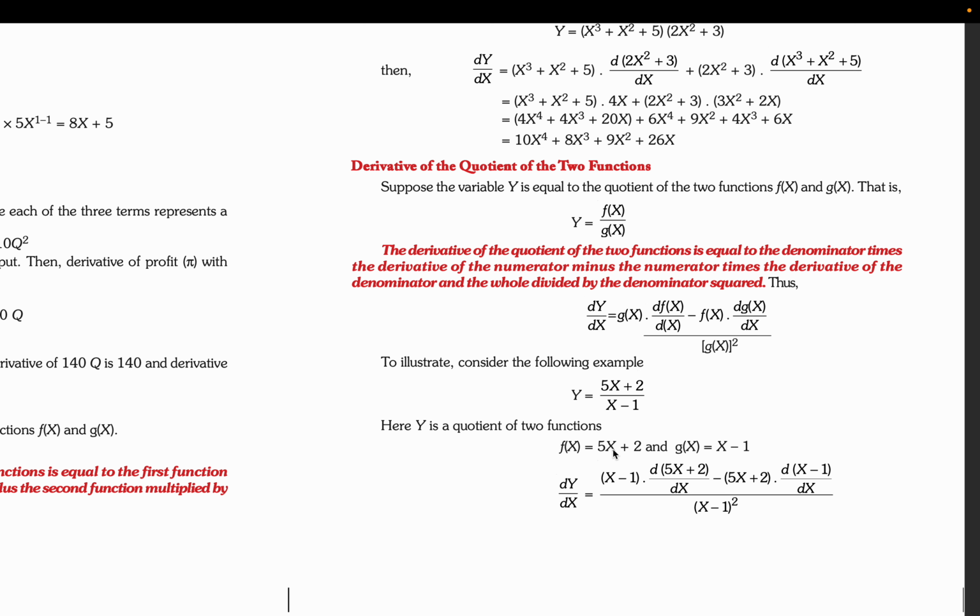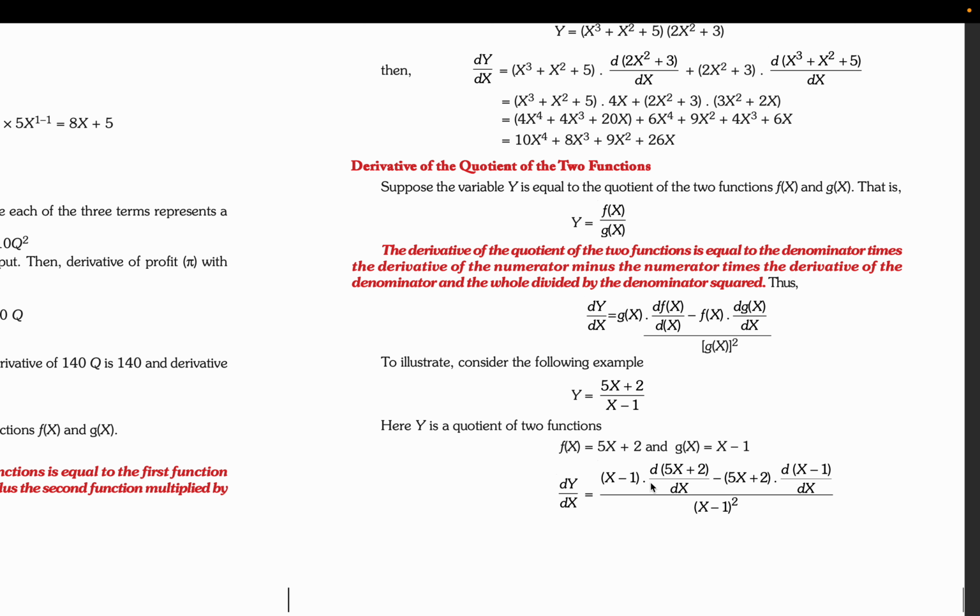Let's take this example here. So if fx is this and gx is this, keep gx as it is, differentiate fx. Now what is the value going to be? 5. So x minus 1 into 5 minus, keep the numerator as it is, differentiate the denominator, the value is going to come down to 1.